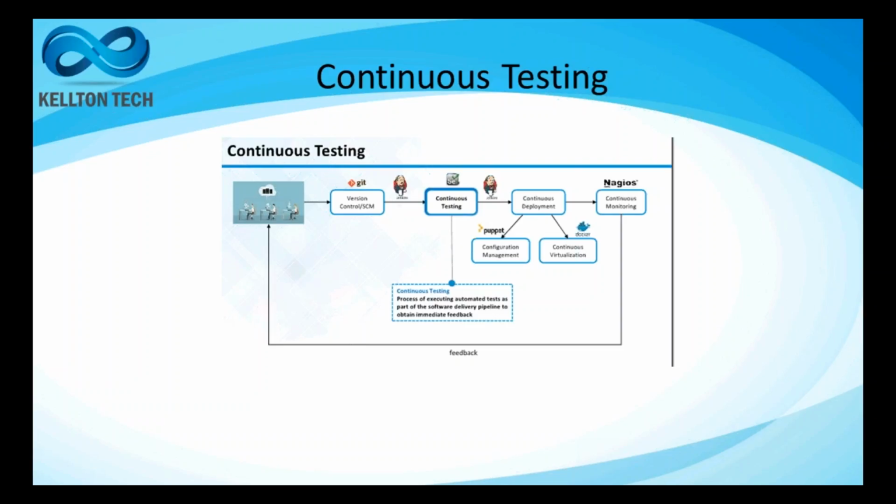Once the code is checked in and applied into the dev environment, continuous testing will be picked up and do the unit testing before moving to the QA environment. After that it will do the QA testing, and in QA we'll do the system integration testing, the functional testing, and the end-to-end testing.